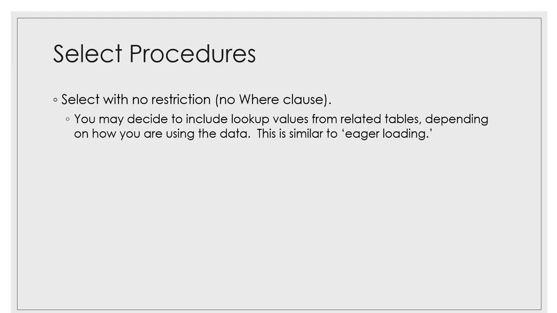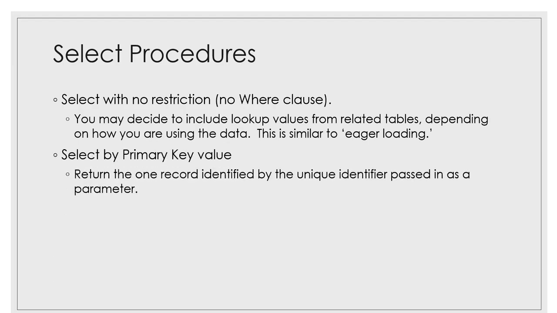In other words, like those lookups, like for an address of the province, again, to use that as the example, right? So you make a view that pulls the information together based on that primary foreign key relationship. And there might be multiple ones, right? Multiple lookups. But you pull it all together in a single view for easy presentation of the actual data, right? So that might be what you base your select procedure on as well.